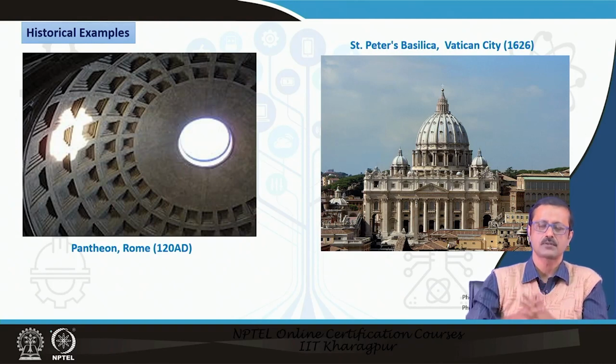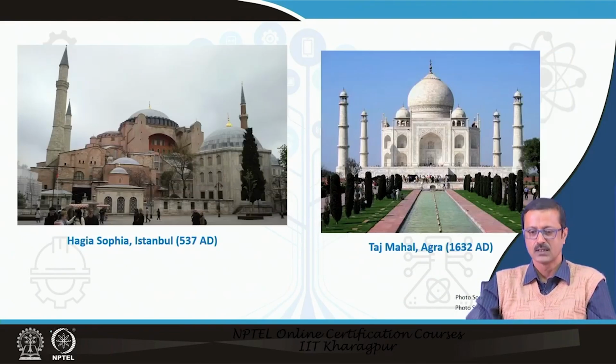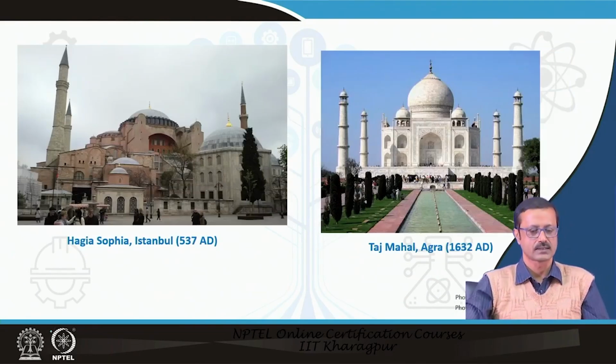This particular type of dome is repeated in various forms in various parts of the world. So I can say this is very mature; in 1626 itself it had matured into one of the strong components in architecture.